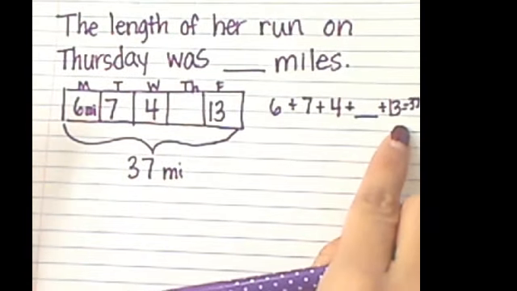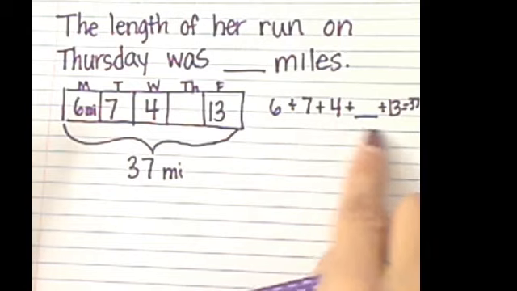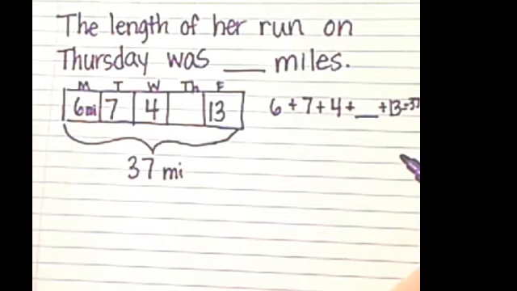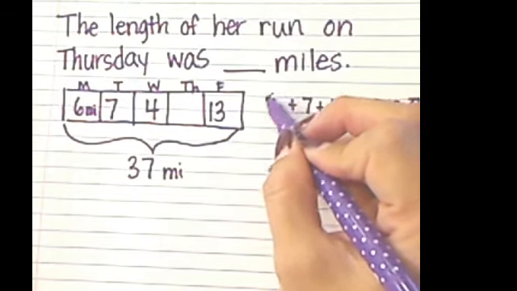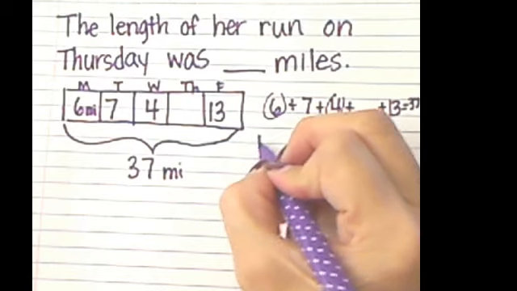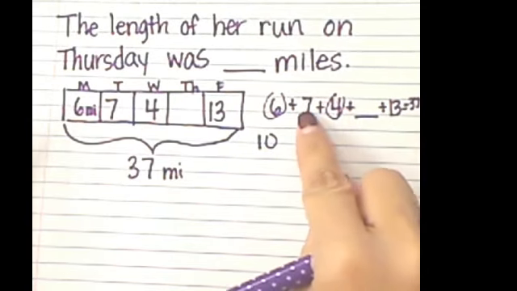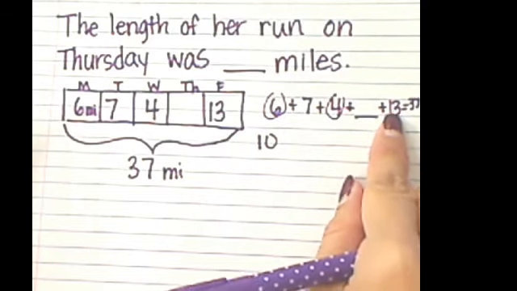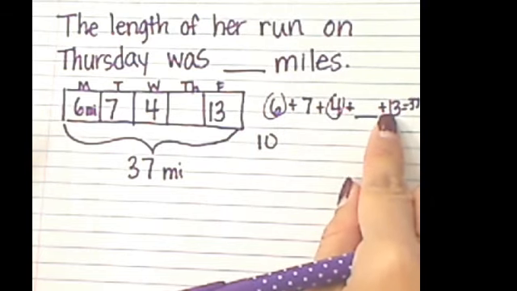So I can simplify this a little bit. Some of our mental math strategies are coming into play here. I know 6 and 4 make 10, so I can make a 10 here. 7 and 13, well, 7 and 3 make 10, plus 13 was already there.